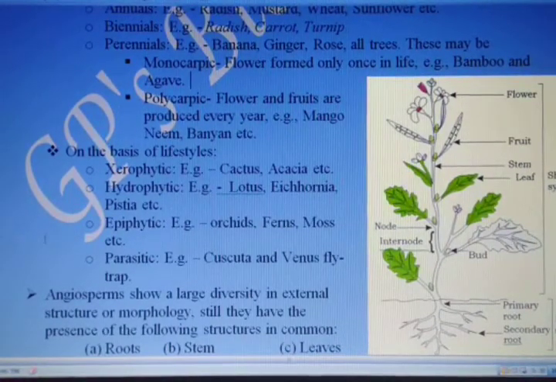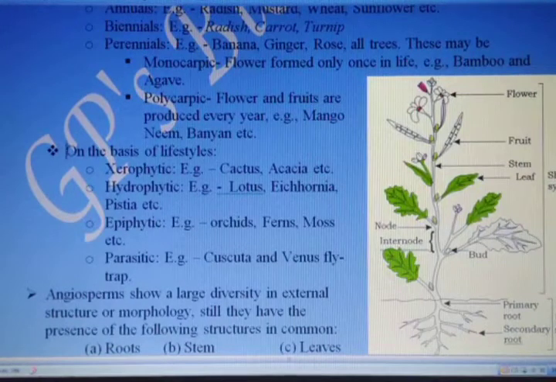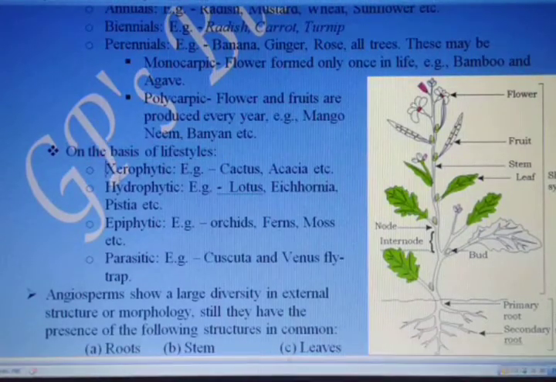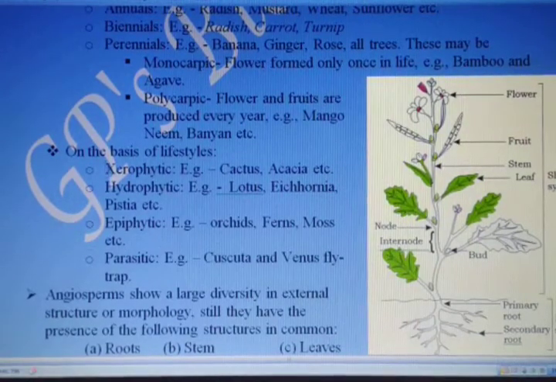Now coming to the next one, on the basis of lifestyle. On the basis of lifestyle, as to where they mainly live. Are they living in a water environment, like inside water or nearby water, or otherwise can they live in desert and dry areas? Based on that, there are four types. Let us see. Xerophytic means what? These are able to adapt themselves to dry conditions.